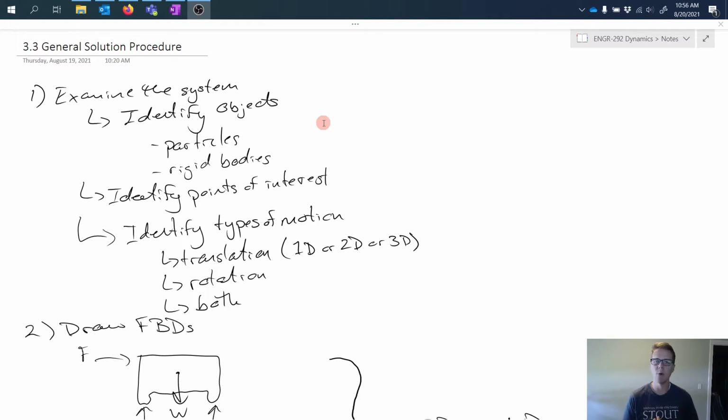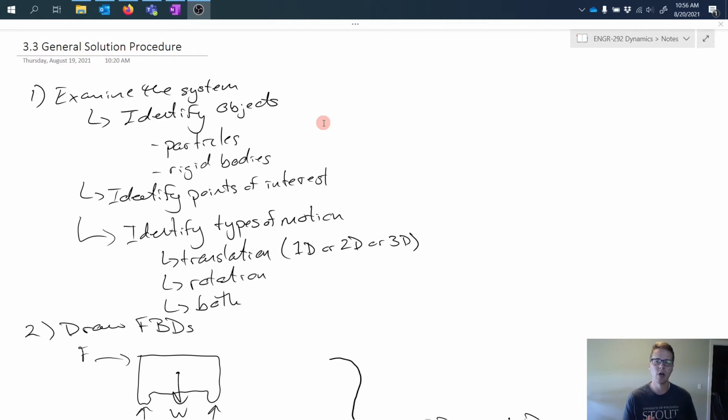Once we've classified the things we need to think about, we want to also identify points of interest. This could be locations where forces are applied. It could be locations or lines of action about which things are going to be rotating, so rotation centers and things like that. It could be locations on the object that are of interest because they are an output.